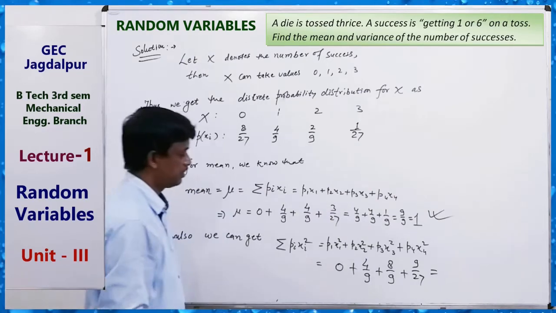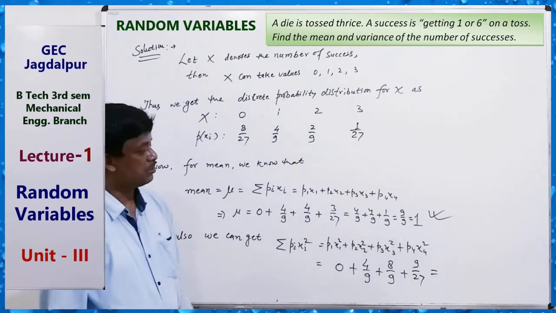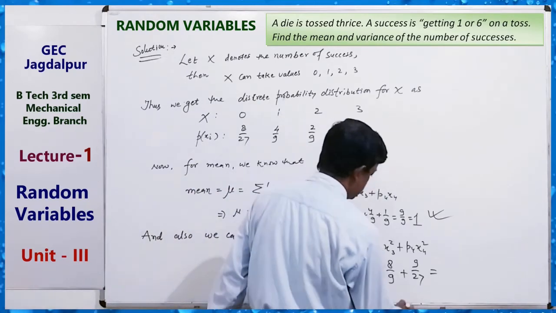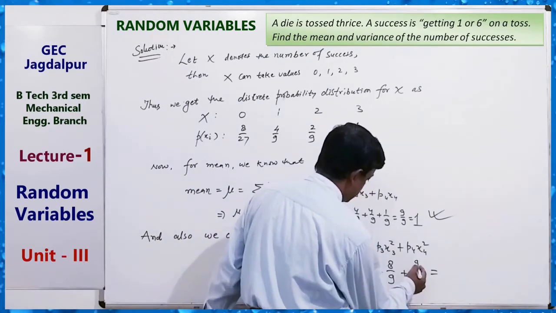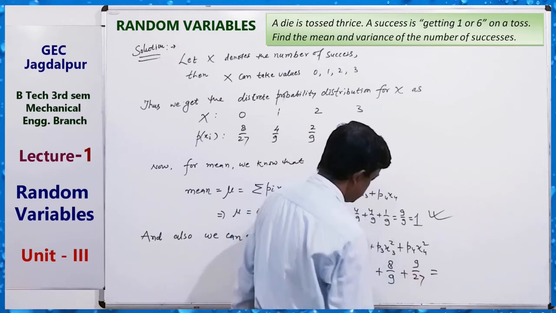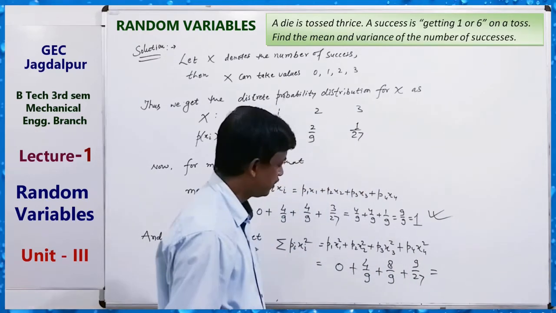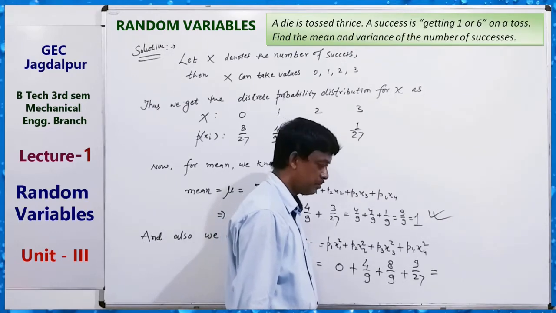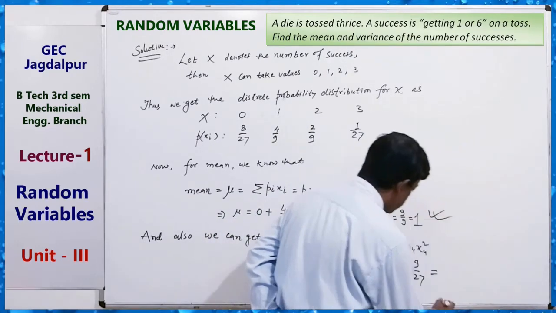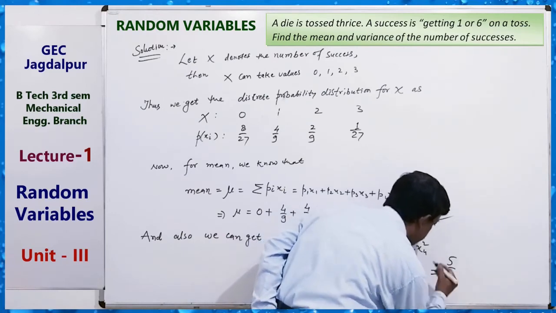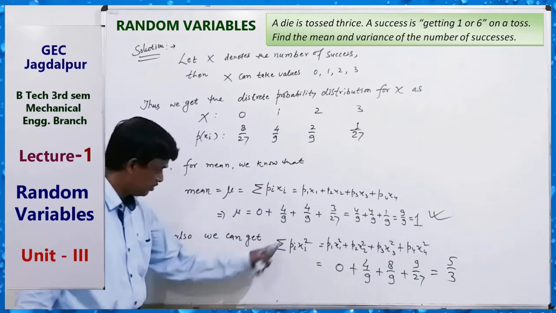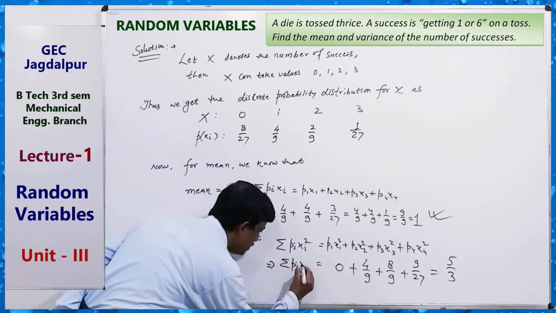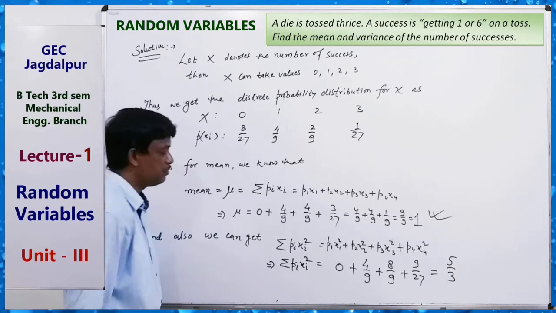So this is equals to what? 4 by 9, 8 by 9, 9 by 27, means 5 by 3. I think 5 by 3. This is the value of this. Okay, pi xi square is 5 by 3.